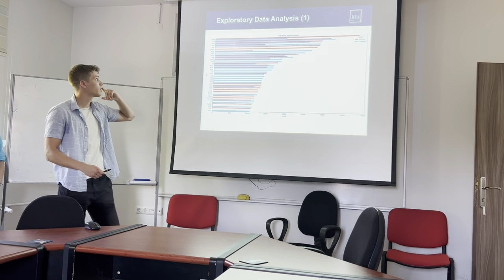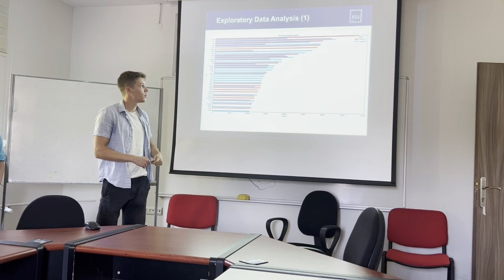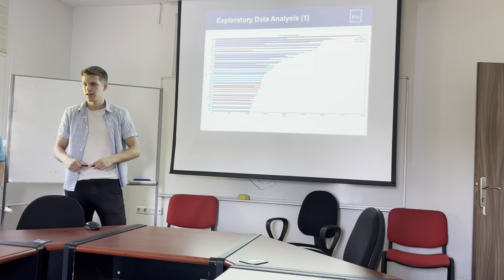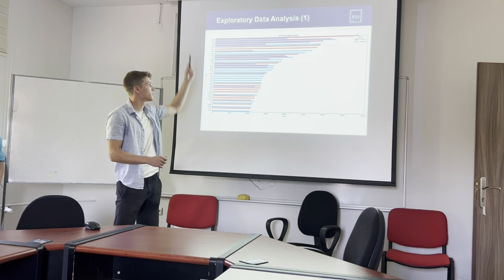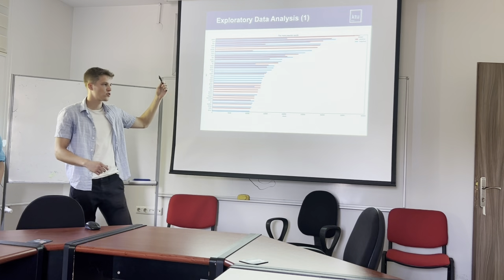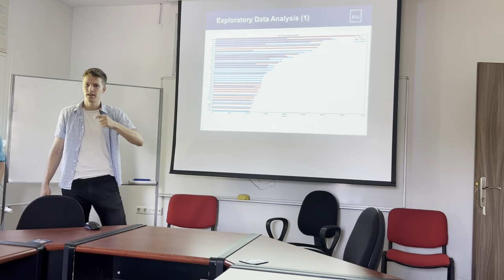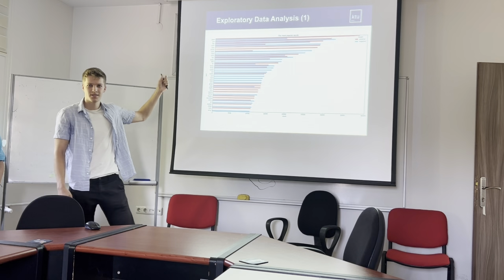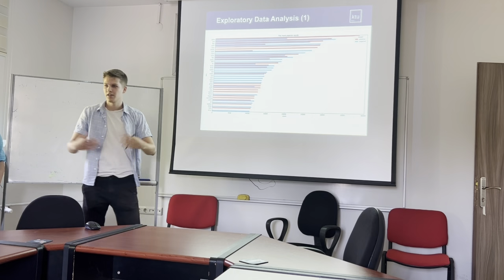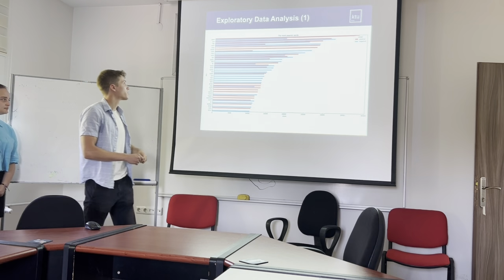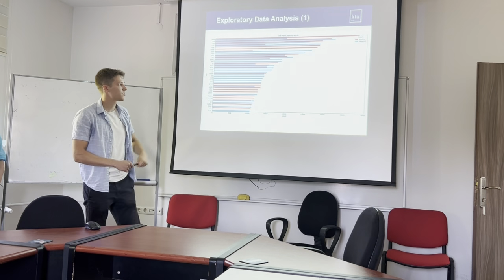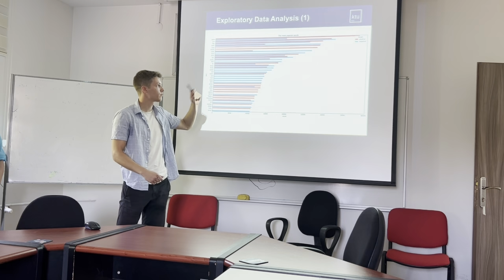So moving on to the exploratory data analysis, here are the most popular words that occur in my data set. As you can see, good is the most popular one. Also, stop words like I, to, and the are removed from here because they would be all over the place, and they are unnecessary. They do not determine whether it is positive or negative. So good appears in both data sets, but mostly in the positive one. That's kind of logical.